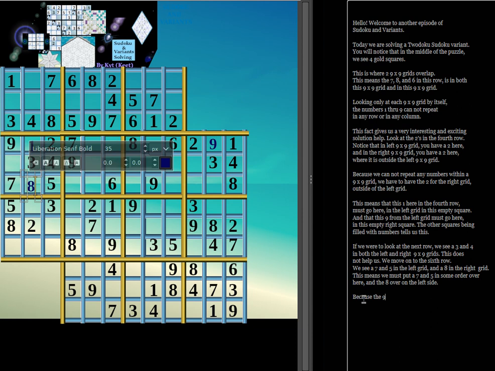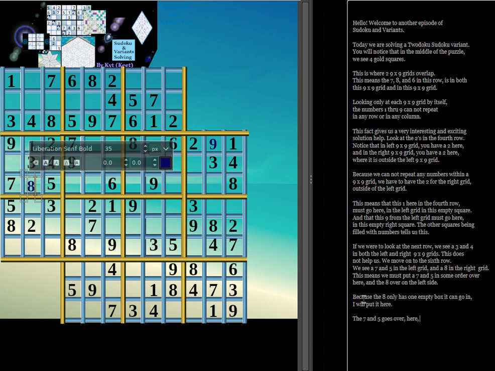Because the 8 only has one empty box it can go in, I will put it there. Put it here. Now the 7 and 5 goes over here.